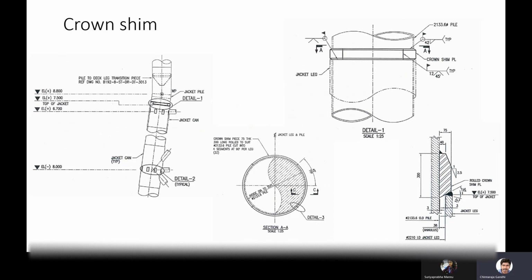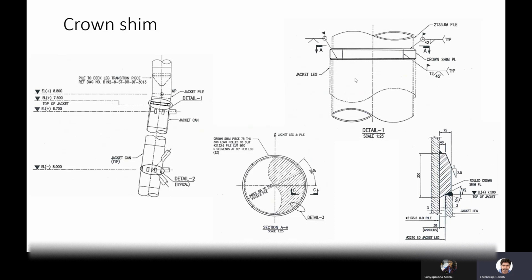What they will provide is a half cut tubular, a plate that is rolled and then placed, two off, three off or four off, based on the rolling, fabrication and availability. Like that, they will come up with the crown shim plate over here.